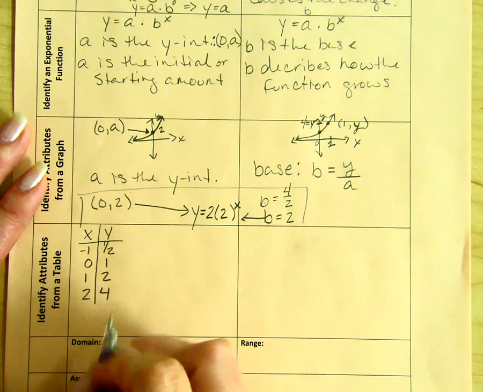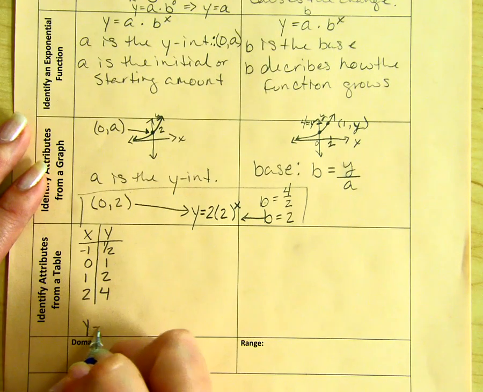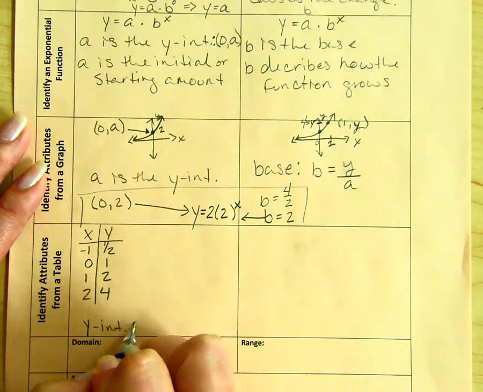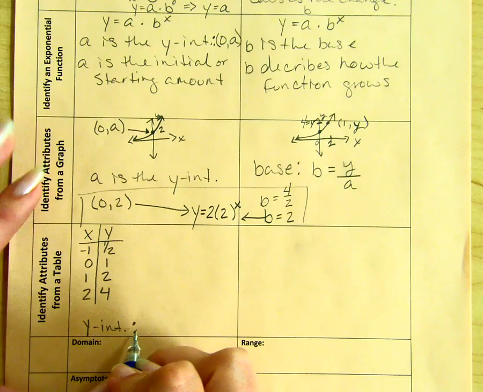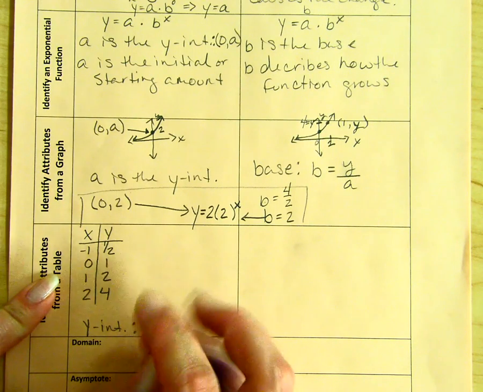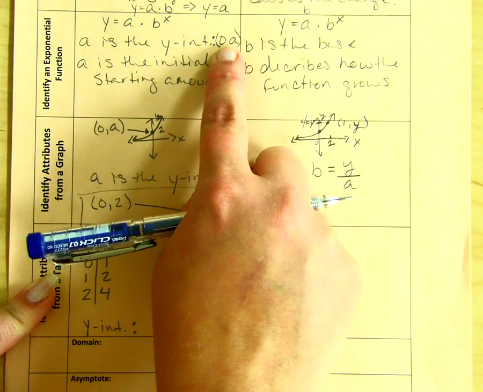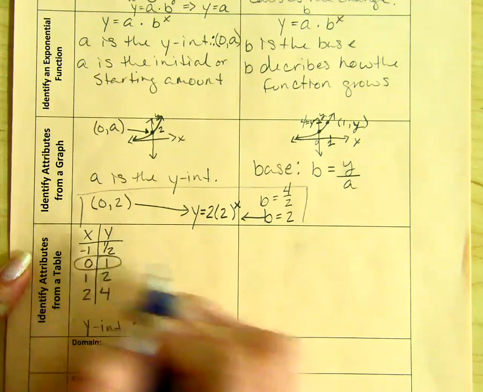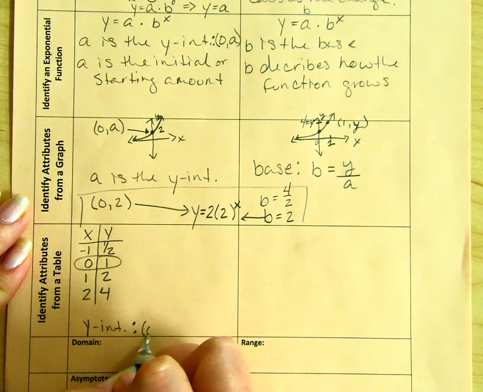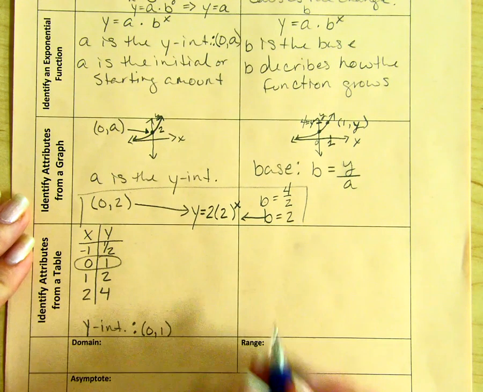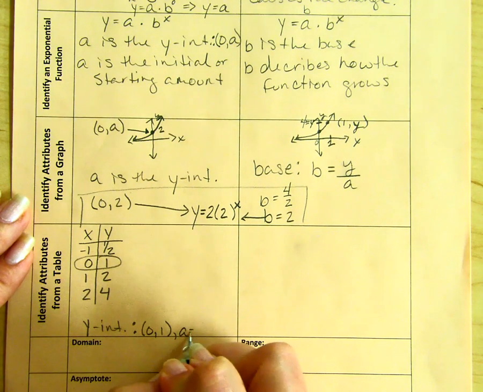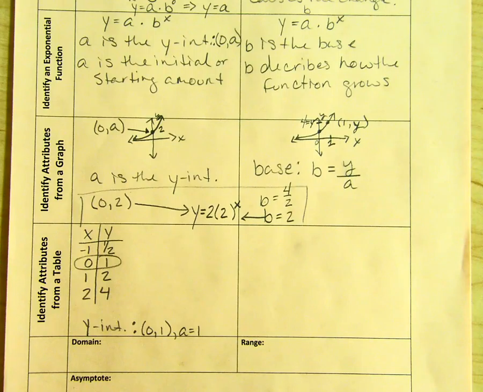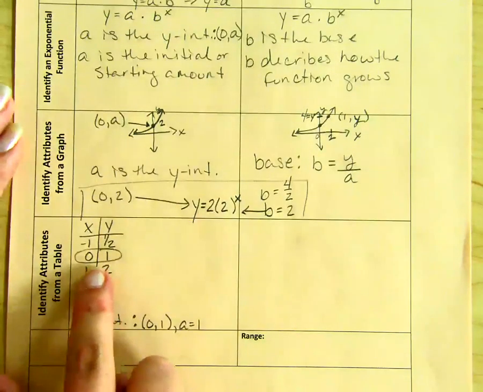And say you're looking for the y-intercept. Well, for the first table, we've already established that we're looking for the y-intercept when x is 0. So for this table, I'm looking for where x is 0, which is right here. And my y-intercept is the ordered pair 0, 1. Or you could say that your A value equals 1. That's for this table here.